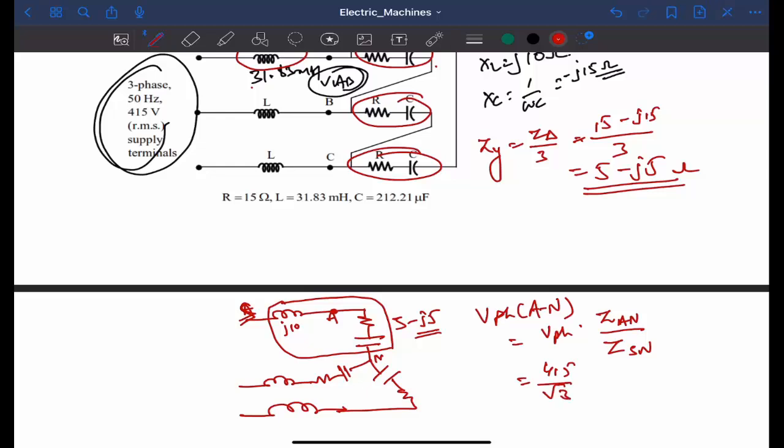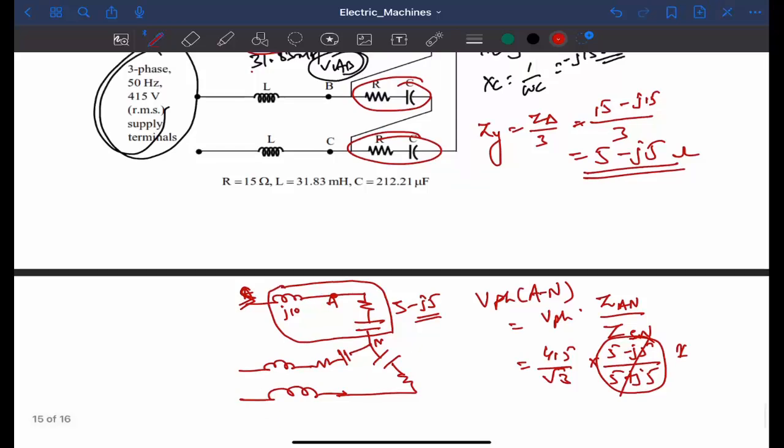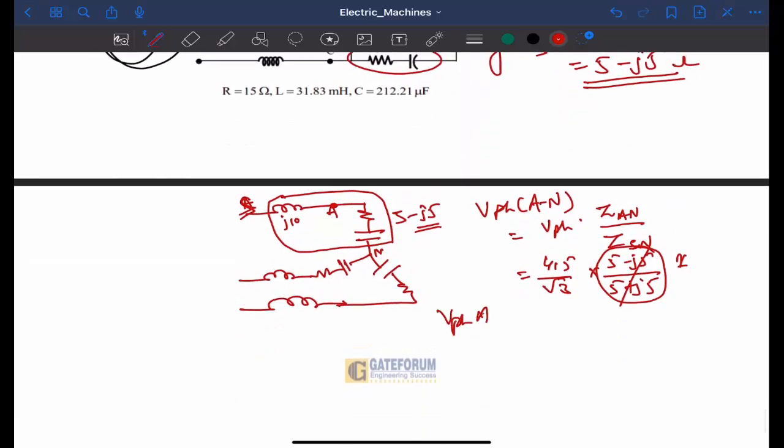This is the supply phase voltage into, so by magnitude it will be 1, hence V phase AN will be 415 by root 3.